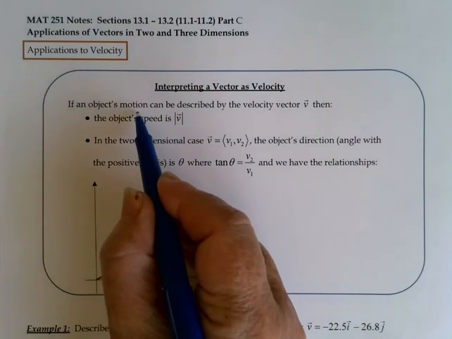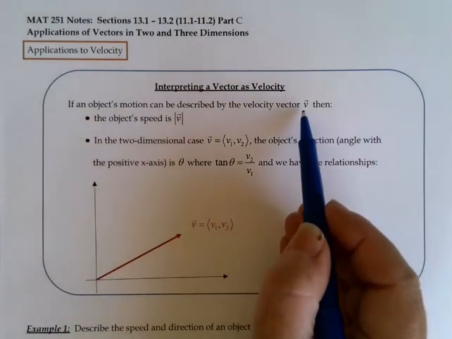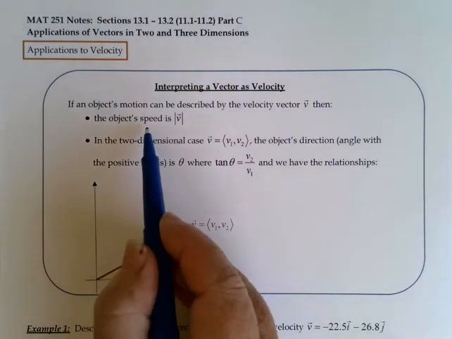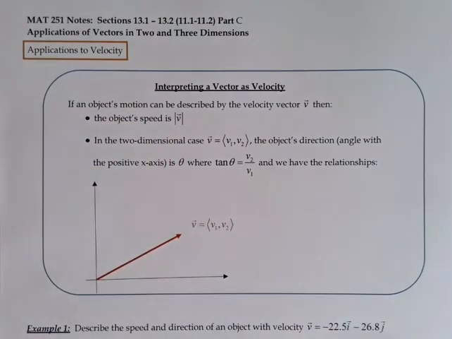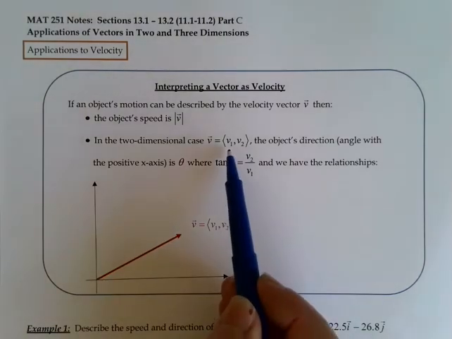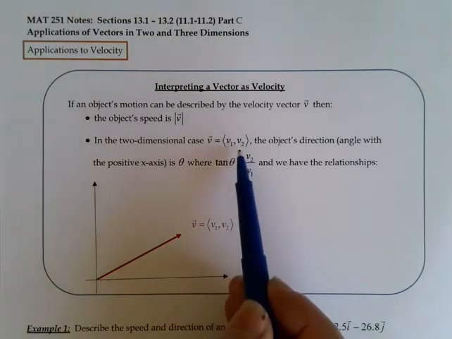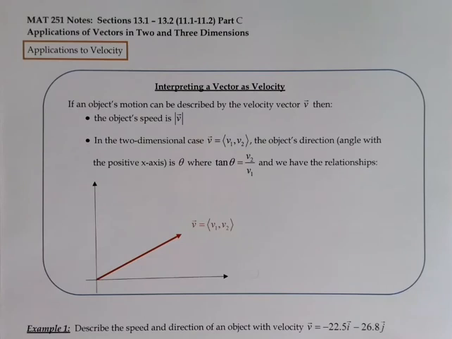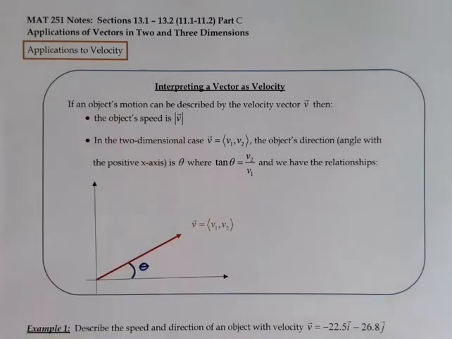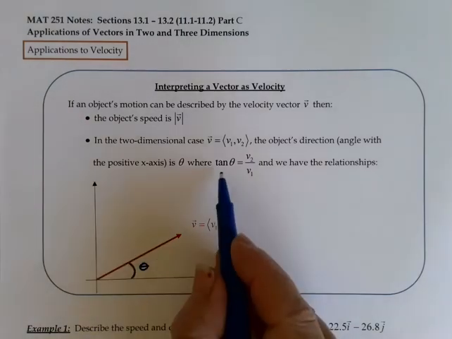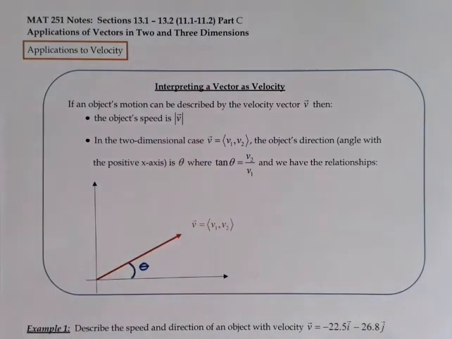If an object's motion can be described by a velocity vector v, then the object's speed is the magnitude of v. And in the two-dimensional case, where v can be described as the vector v1, v2 in standard position, the object's direction, that is its angle theta with the positive x-axis, has the property that the tangent of theta equals v2 over v1.